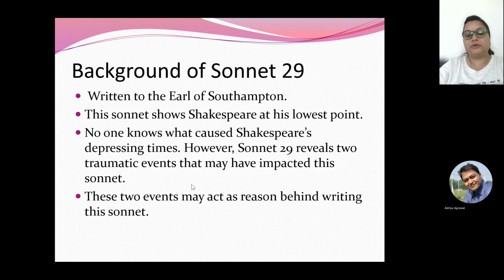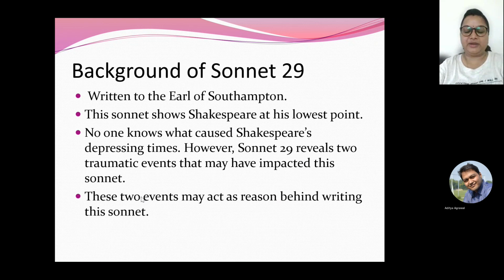Now the background of Sonnet 29. Every sonnet has a background. Like this sonnet, Sonnet 29 is written to the Earl of Southampton. This sonnet shows Shakespeare at his lowest point. Why?